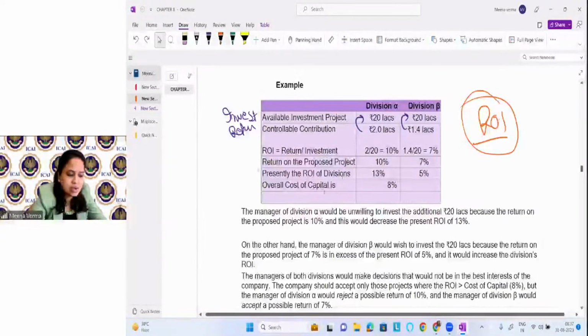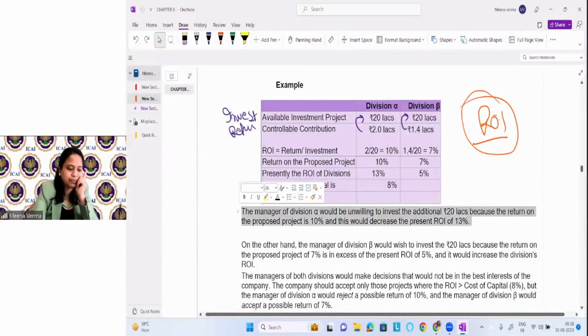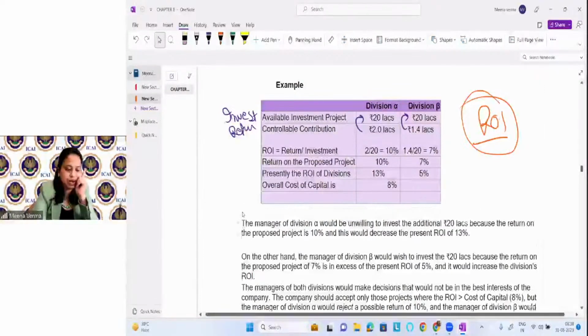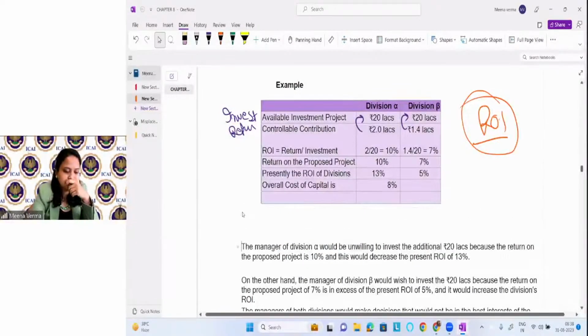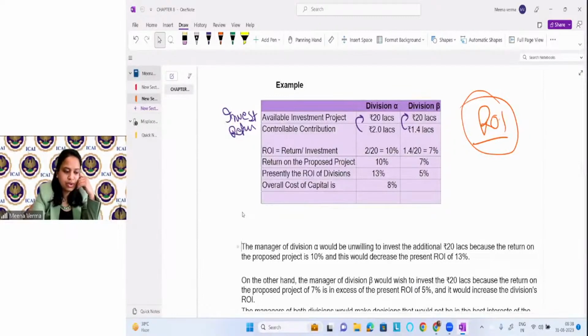Now you have to make a decision here. Generally, how do you take the decision? So overall cost of capital. So you will see here what is happening here in these two cases.